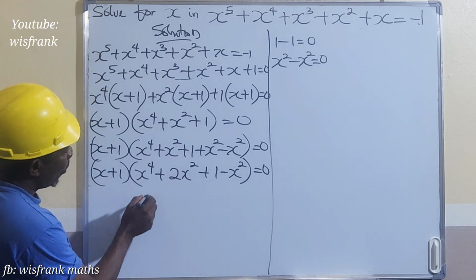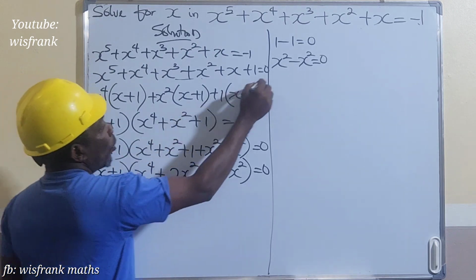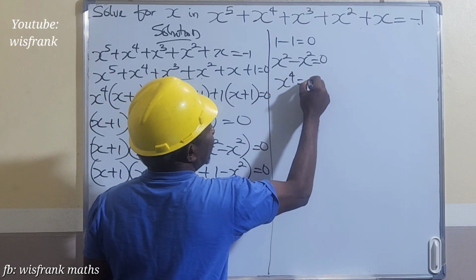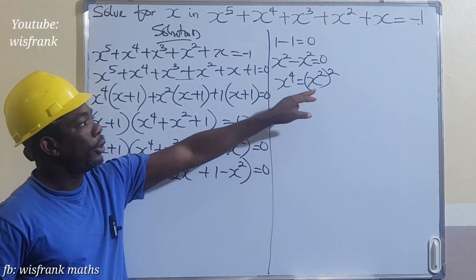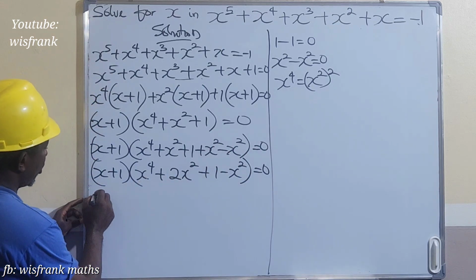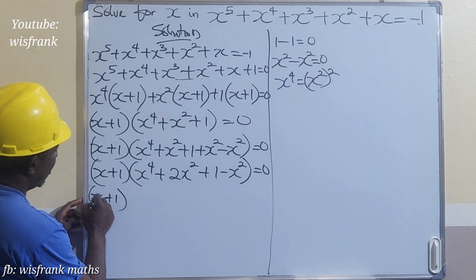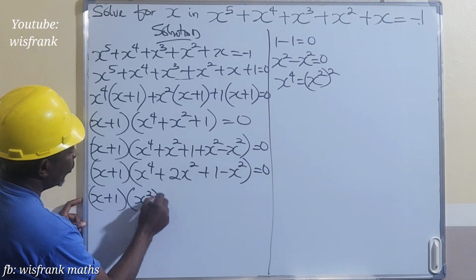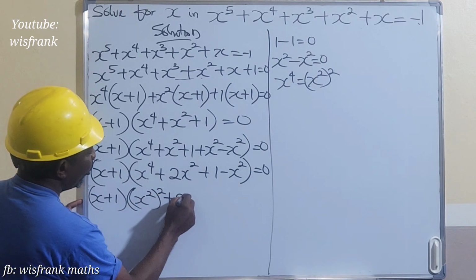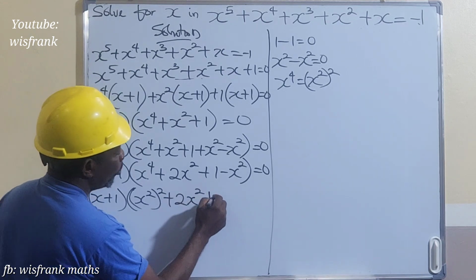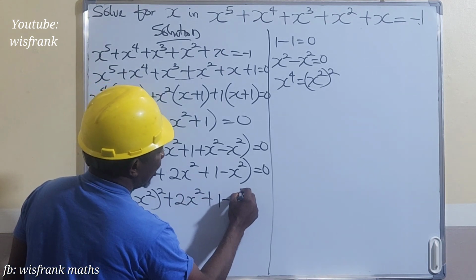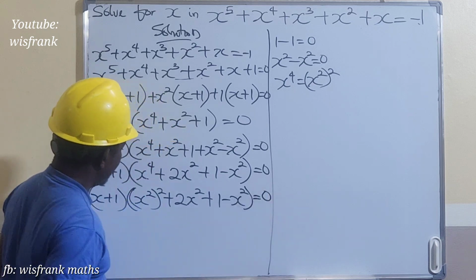We can see that x to the power of 4 is the same thing as x to the power of 2, all to the power of 2. We can substitute that in this place. So this will become x plus 1 into x to the power of 2 all to the power of 2, plus 2x to the power of 2, plus 1, minus x to the power of 2, all equals 0.